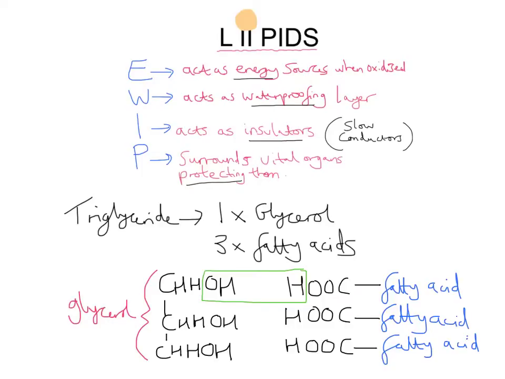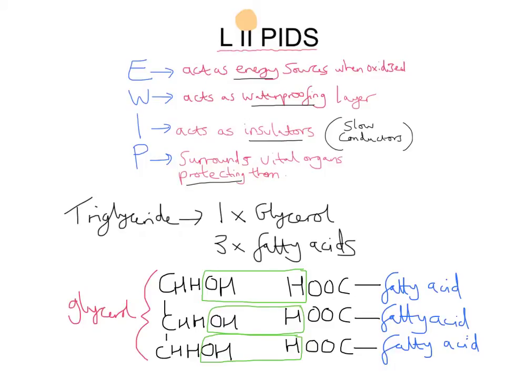So by removing the H of the fatty acid molecule and the OH from the glycerol, there, and there, we can actually combine these two to form our triglyceride. So triglycerides are formed in what's called a condensation reaction from glycerol and fatty acids. So that's how you form a triglyceride.